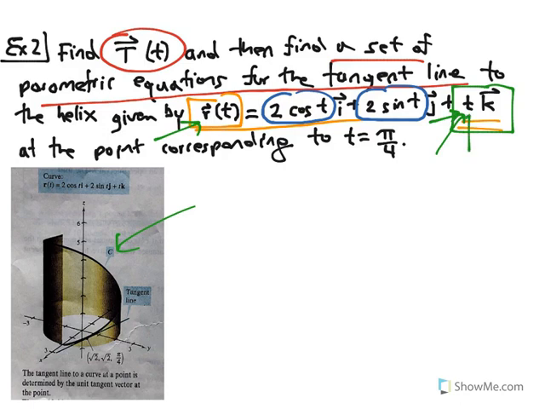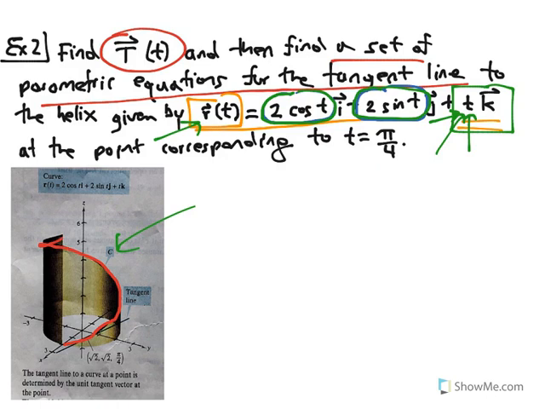For positive values of t, you will have points that are above the xy plane, and for negative values of t, you'll have points that are below the xy plane, all the while being on the cylinder that would be the extension of this circle above and below the xy plane. So the spiral will be on the cylinder as you see pictured here in this diagram.